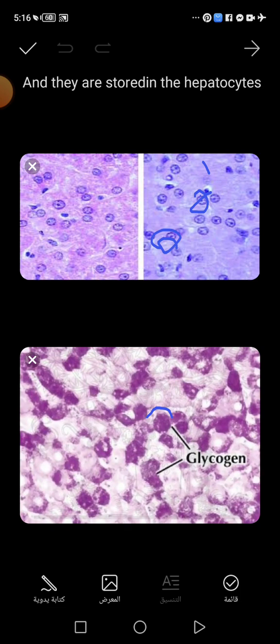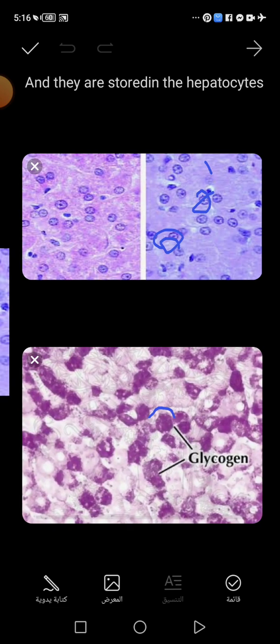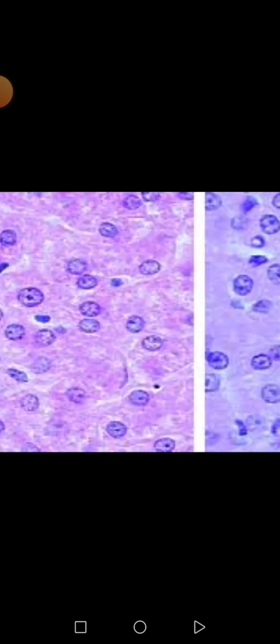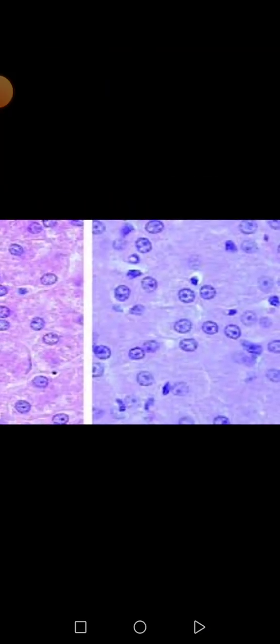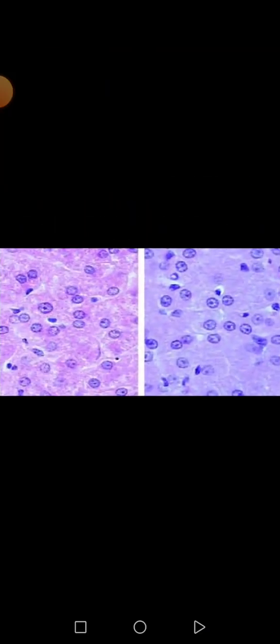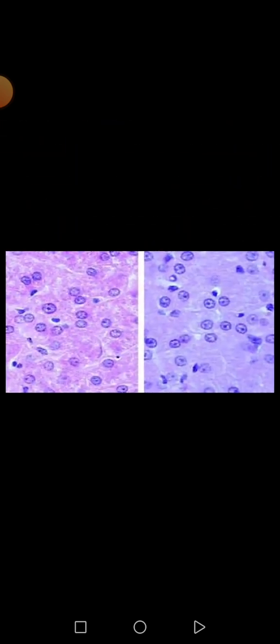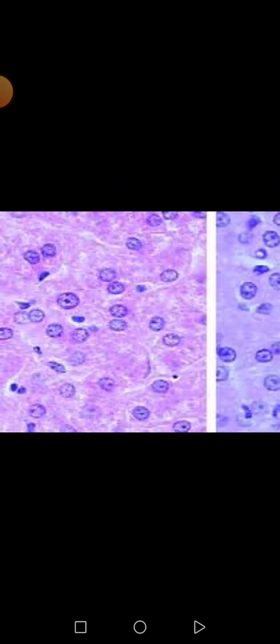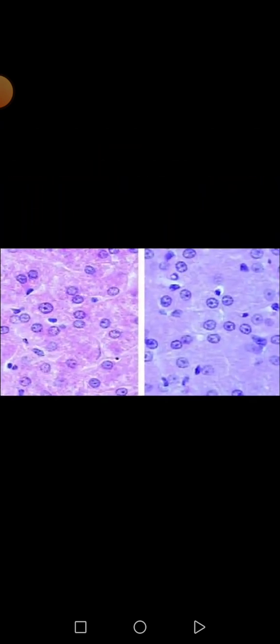I will explain all of them in our future lectures. As you see, here are the nuclei. Those are the hepatocytes. This is an image that shows the hepatocytes. This is the nucleus, this is the cell membrane, and they are attached together.